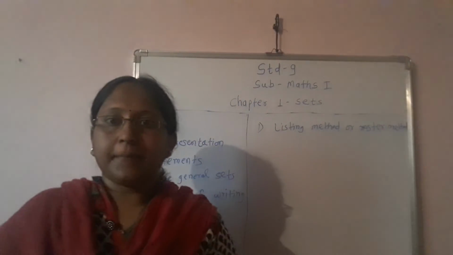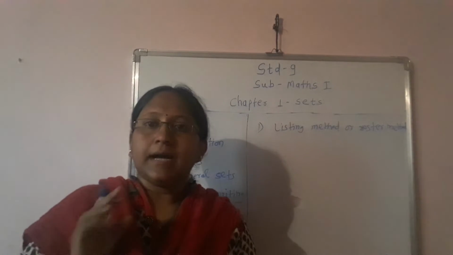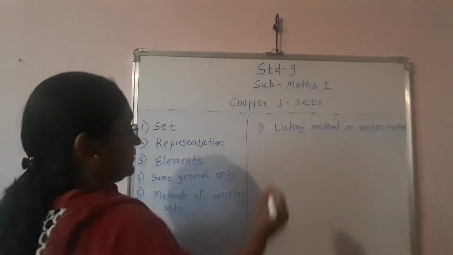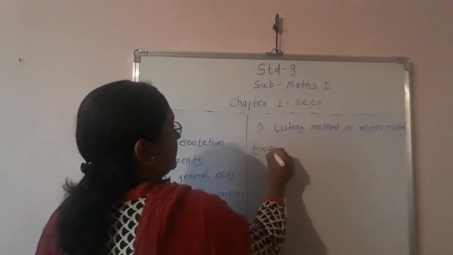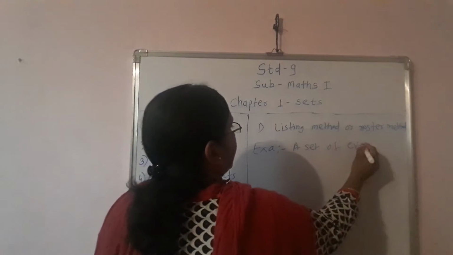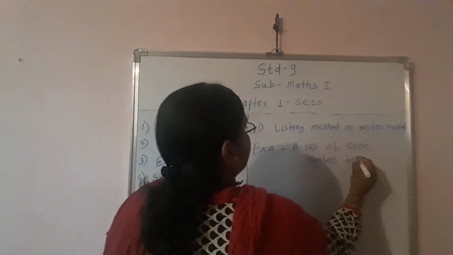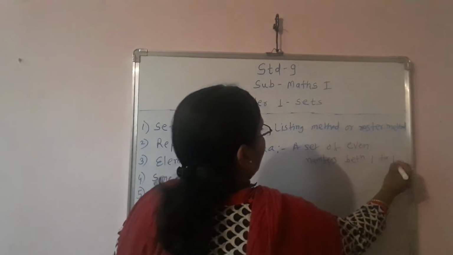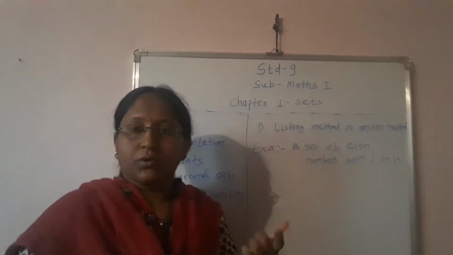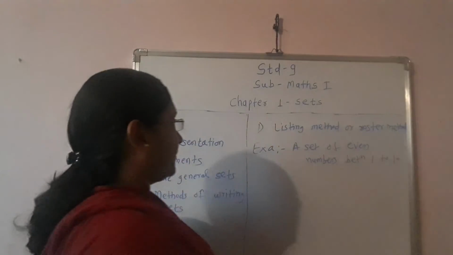Listing method simply lists the elements. For example, a set of even numbers between 1 to 10. For representing a set we use any alphabet letter.